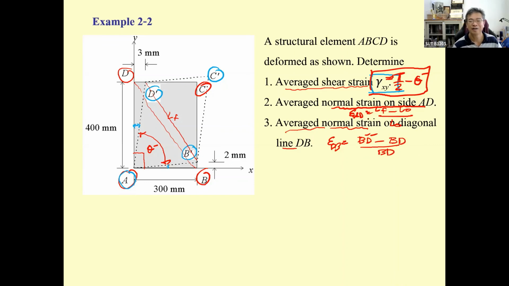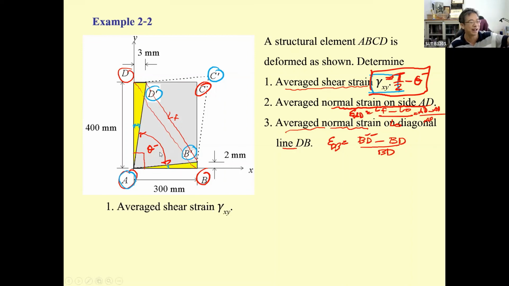So for AD it is going to be AD prime minus AD divided by AD. This is the concept of this problem. It's not that hard.